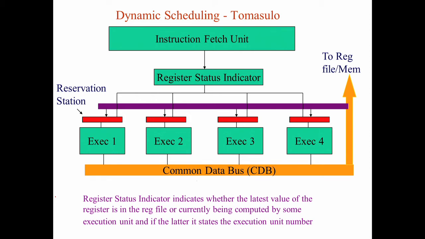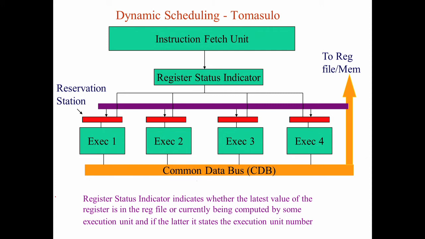For every register, every general purpose register, there is an entry. If the latest value that I want is there in the register itself, then it will have 0. If the latest value I want is currently being computed by one of these execution units, then it will have the number of that execution unit.